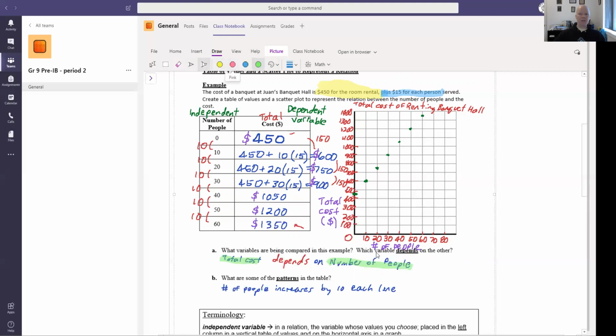I'll just do a quick highlight of those. 150 is increasing each time here. And had I continued writing it, I would have written 150 down for the last few lines as well. And so the total cost increases by 150.